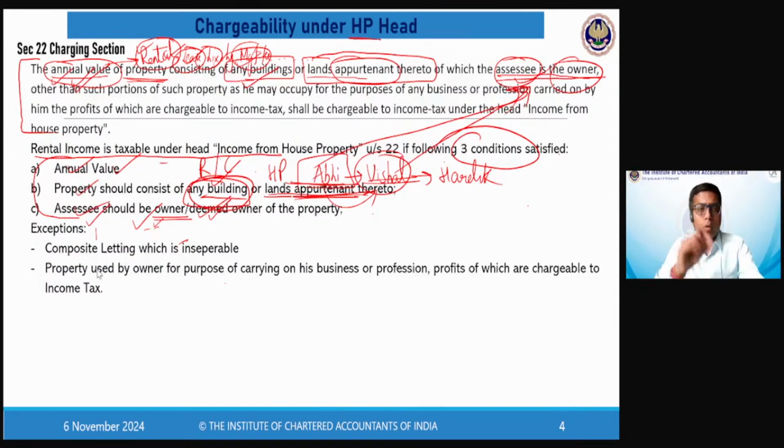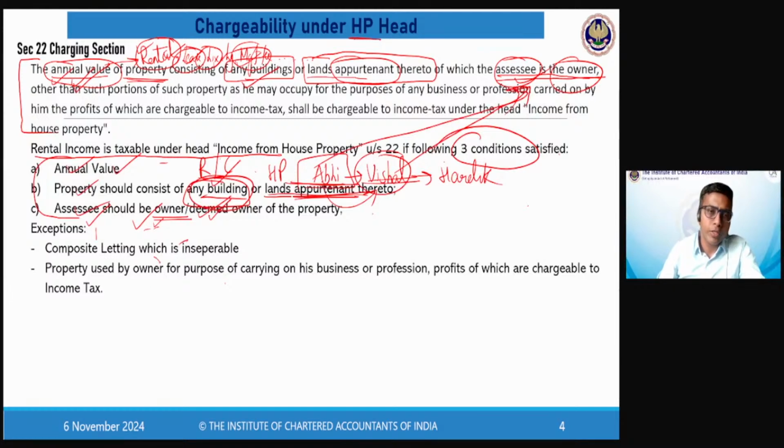Right? Now, second interesting exception, property used by owner for purpose of carrying on his business or profession. This is again an exception. Means where you are running your own business in that house property, that property will not be covered under the head HP.